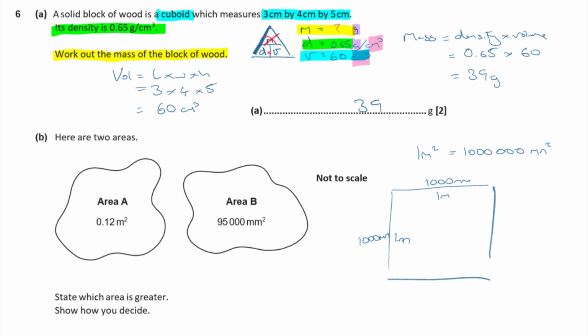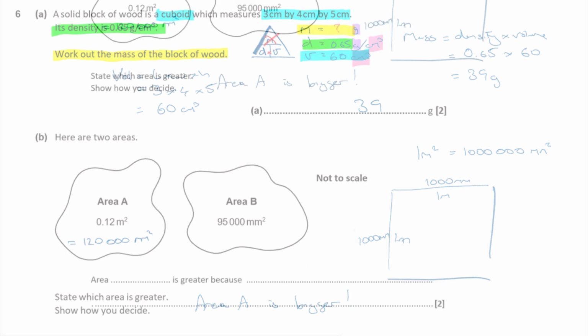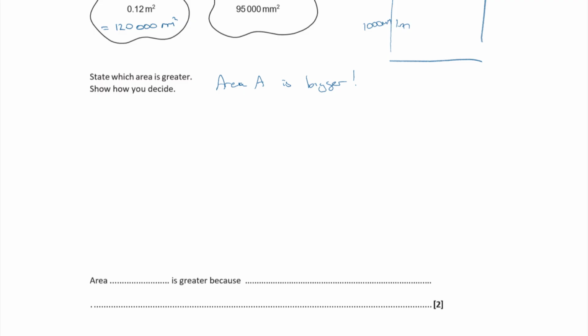So to convert area A into square millimeters, I'm going to multiply it by 1,000,000. That is going to be 120,000 square millimeters, isn't it? Okay, so which one is bigger? Area A is bigger. Oh, there's a little section we need to fill out.